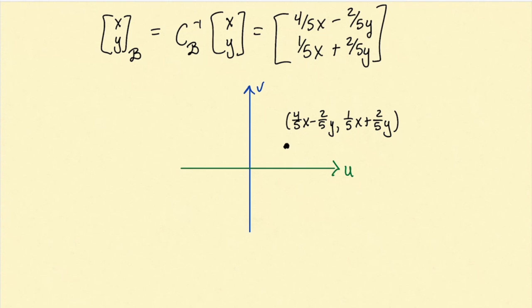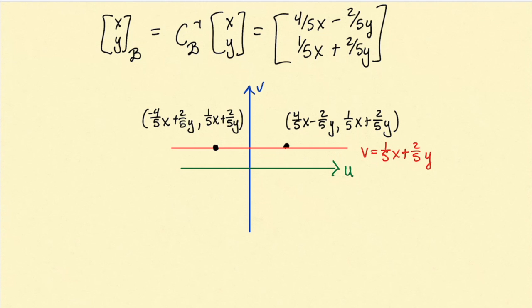A horizontal line, which I'll draw in red, is a line whose v coordinate is equal to 1/5 x plus 2/5 y. And to get the reflection of our point across the line y equals 2x, which of course corresponds to reflecting our point across the vertical axis, is simply one in which we negate the first coordinate.